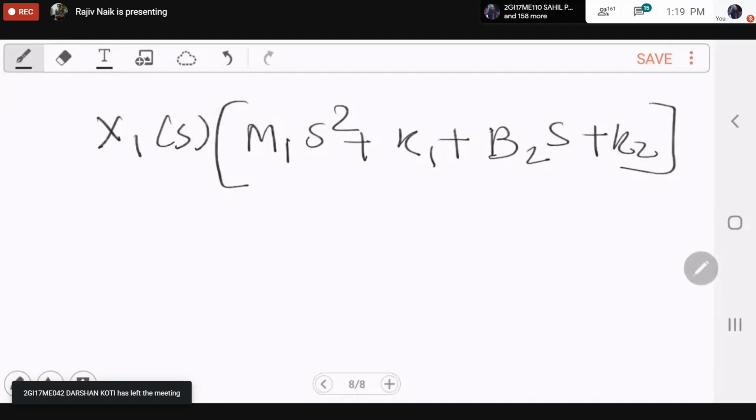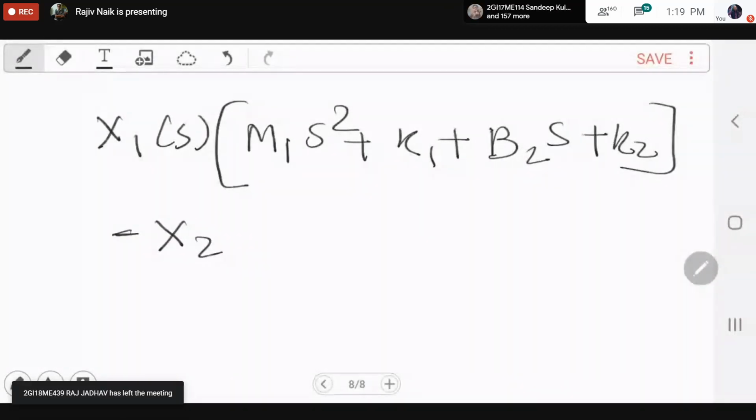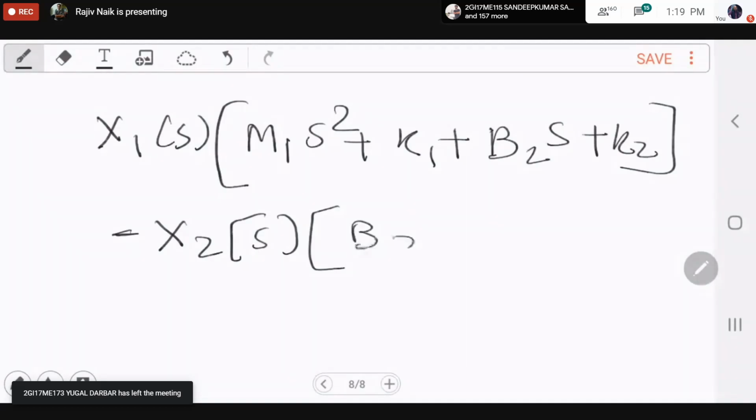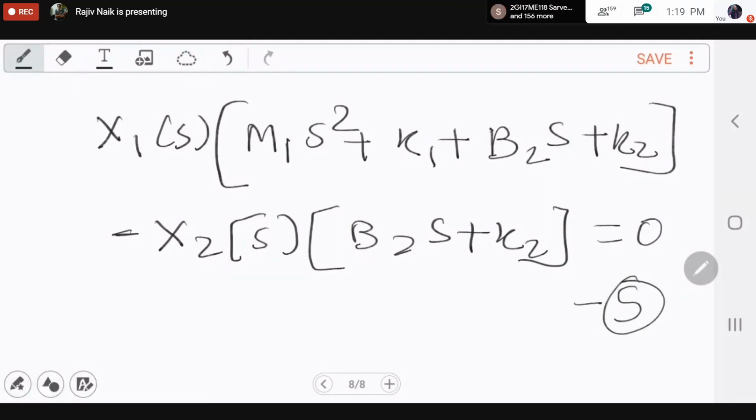This much will come here if I take x1 common in equation number 3. Then x2 will be with the minus sign because both the x2 terms are with the negative sign. x2 of s into bracket, what will remain is b2s plus k2 and is equal to 0, equation number 5. So this is for mass m1 simplified version.